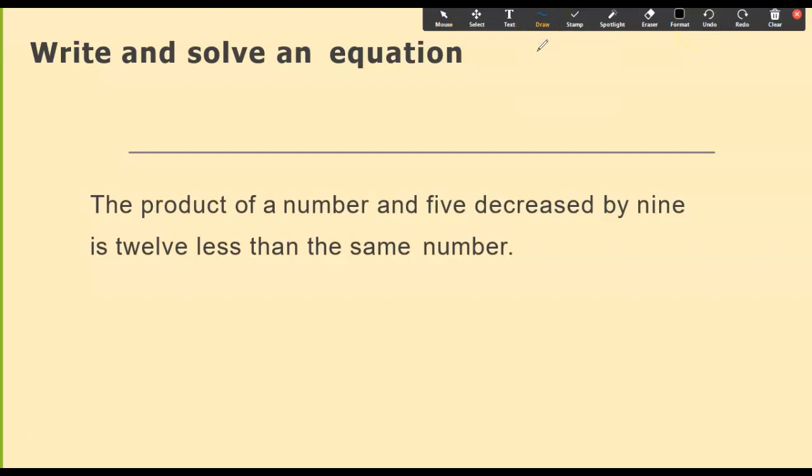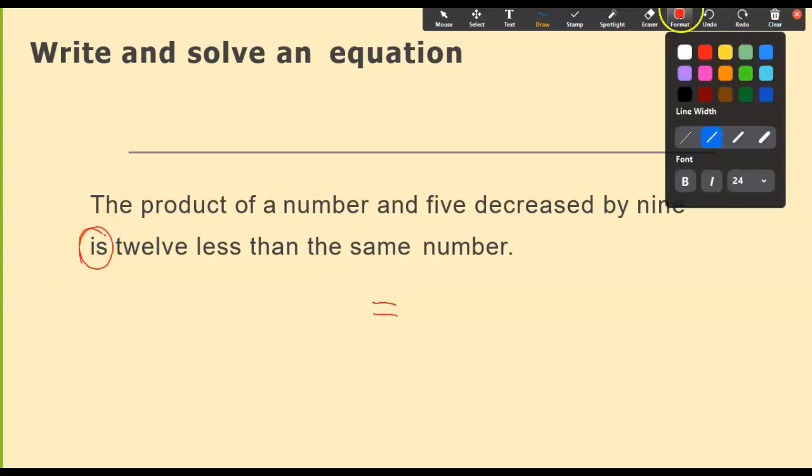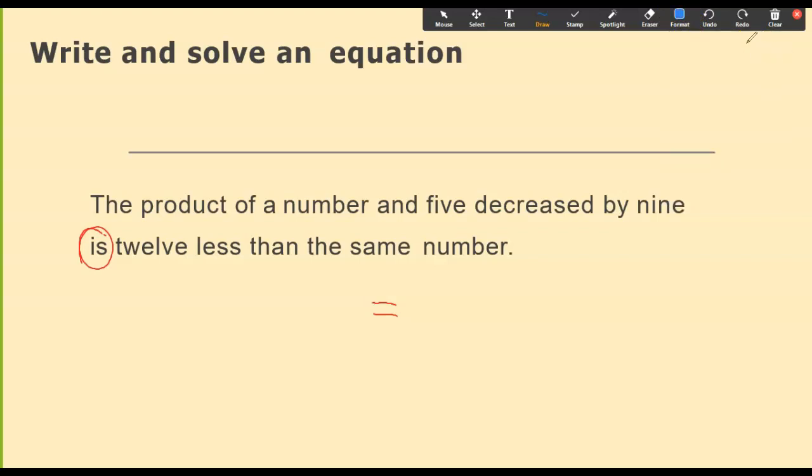The product of a number and 5 decreased by 9 is 12 less than the same number. So we see that word is, that is our equal sign. Now we need to look at what comes before it. Product. The product of something is what operation?